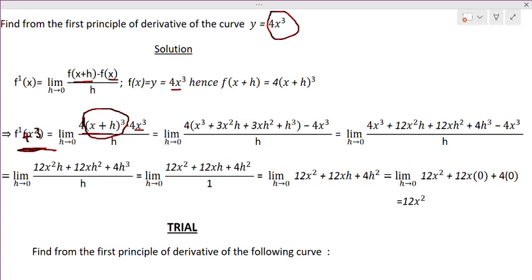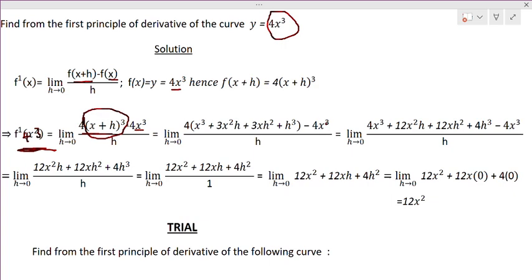So when you expand it, you get x cubed plus 3x squared h plus 3x h squared plus h cubed. Multiply by your 4, minus your 4x cubed here. That's your negative 4x cubed, so you bring it here.